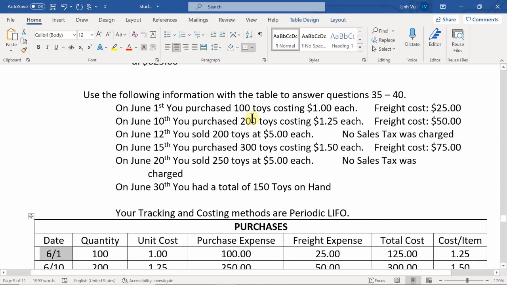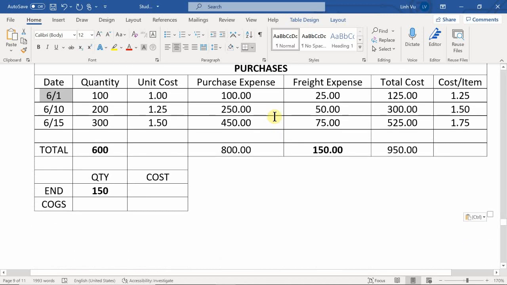We made a purchase of 100 on June 1st and then 200 on June 10th. So in this case, we are looking at LIFO. If we had a total of 150 left on hand, we should have sold 450 units.